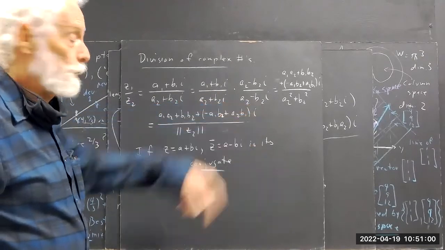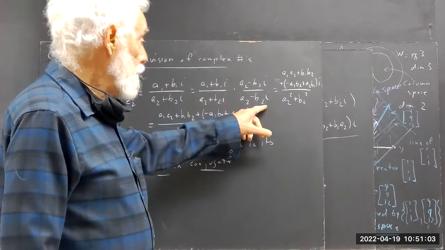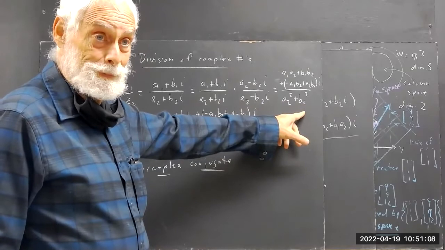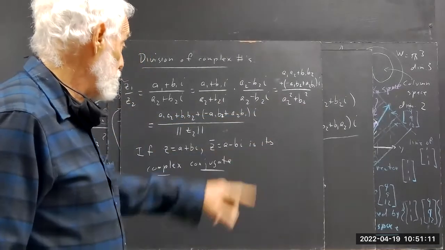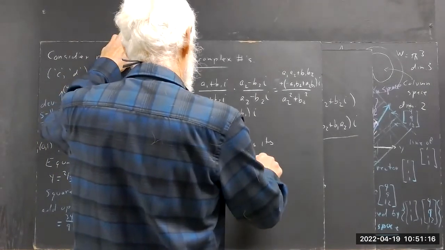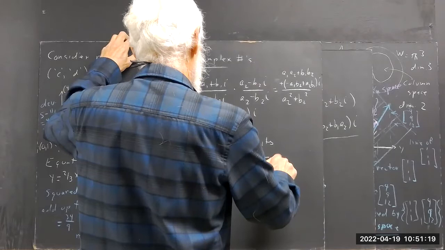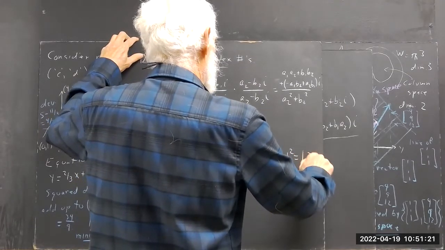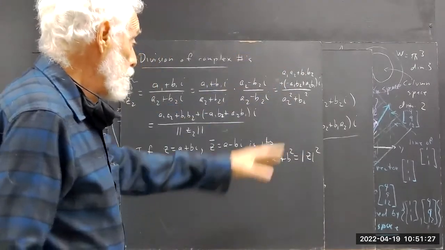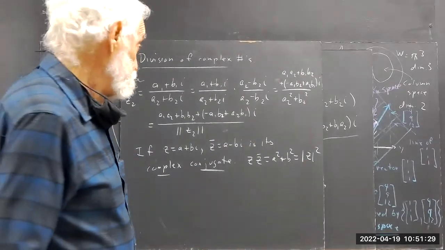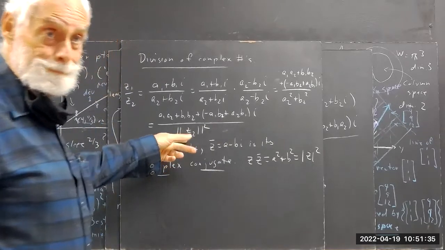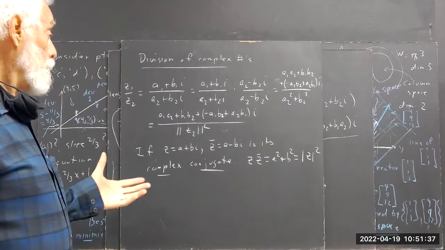So what we did up here was we knew that multiplying the denominator by the complex conjugate gives us this. Now that's easy to verify. You just multiply this by this. So when you multiply a complex number by its conjugate, you get the square of its modulus. I didn't write the square down here.